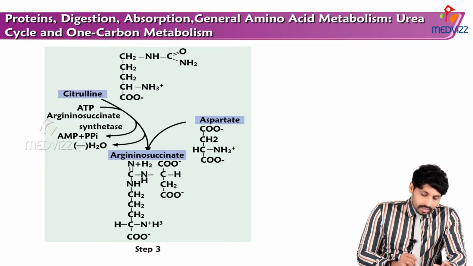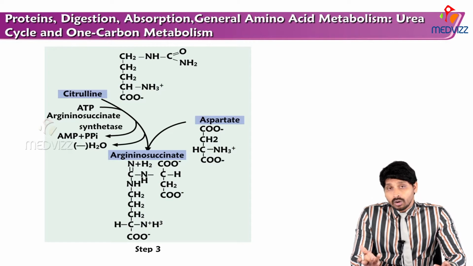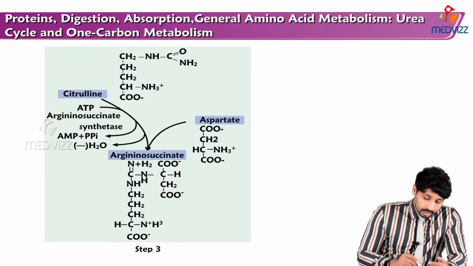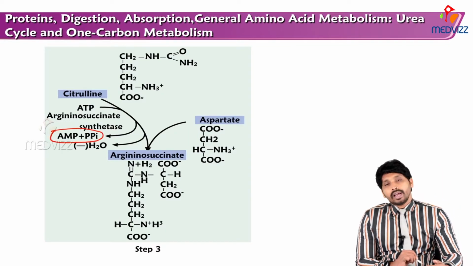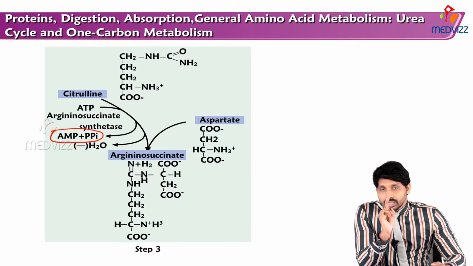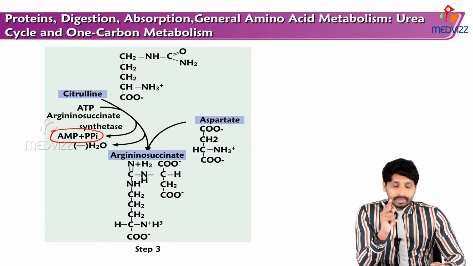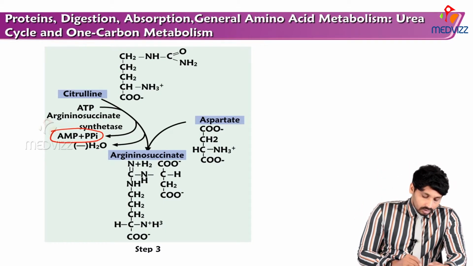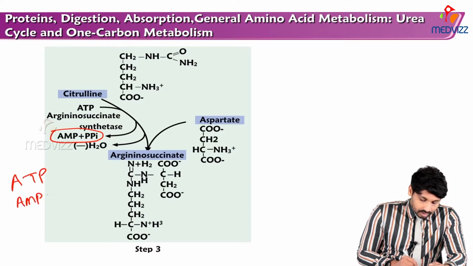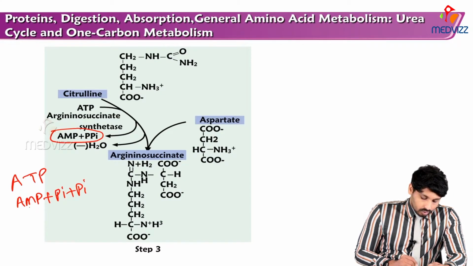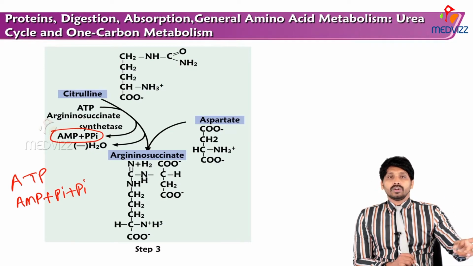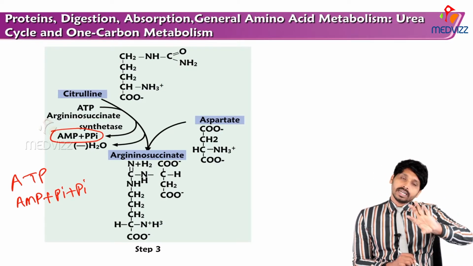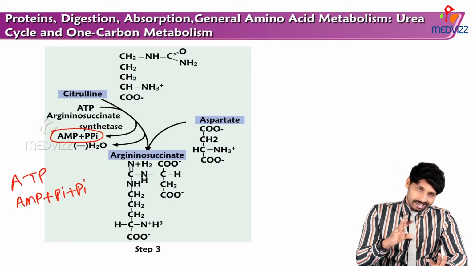Now this citrulline again gets incorporation of a whole molecule of aspartic acid with the help of ATP. Here you see AMP and PPi, and one phosphodiester linkage breakdown is equal to 1 ATP. ATP is a combination of AMP, Pi plus Pi: adenosine monophosphate, if you add one phosphate, becomes ADP, and if you add one more phosphate, it is adenosine triphosphate.